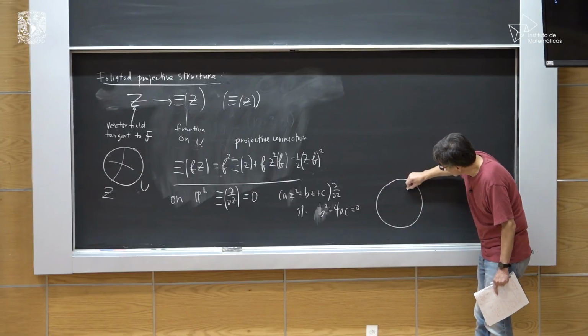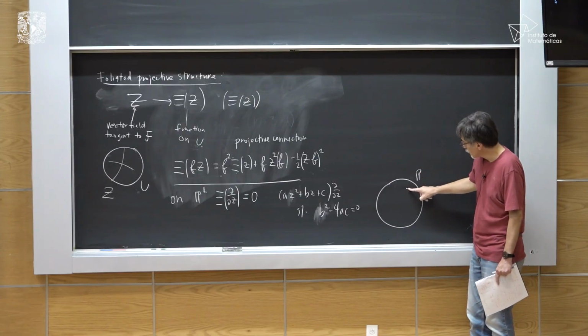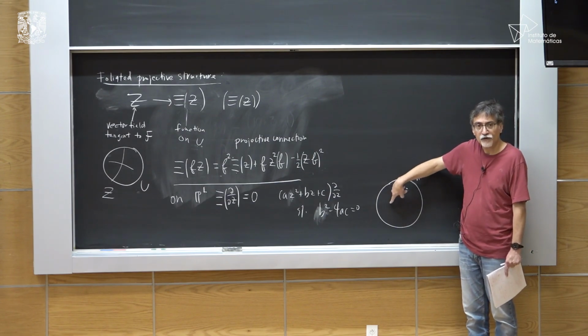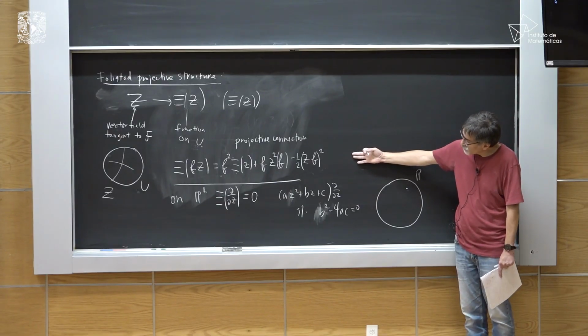These vector fields live on P1. They have only one zero. And the complement is just an affine chart where you have an affine coordinate. So this projective connection is related to the properties of the Schwarzian derivative.